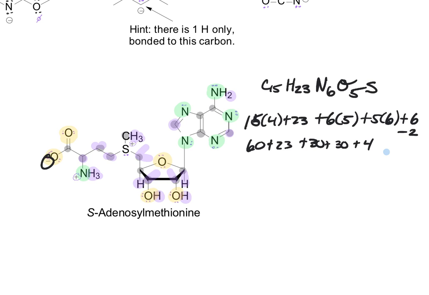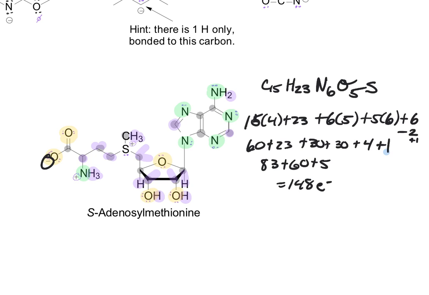But I forgot there's a negative charge there, so we're actually going to be adding 1 more. Okay, so we have 83 plus 60 plus 5. So we get 88 plus 60 equals 148 electrons.